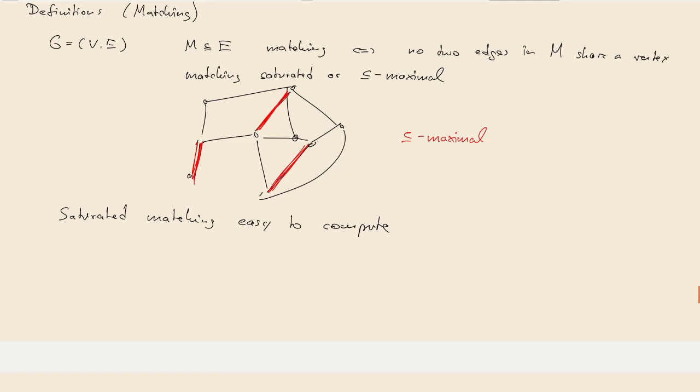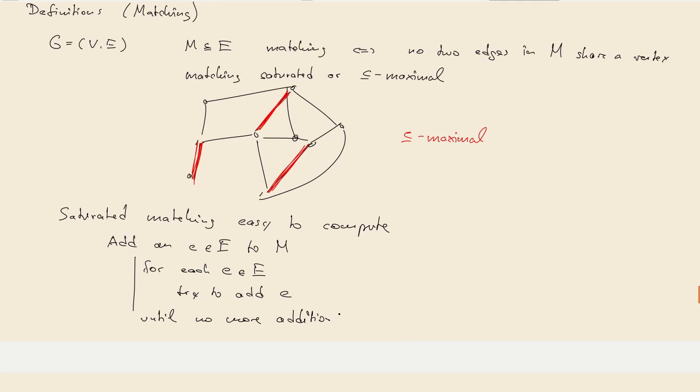A trivial algorithm that's certainly not optimal is just start with an edge chosen arbitrarily, and then for each edge in M, try to add E, and you do this until no more additions are possible, and then you get a saturated matching just by definition.